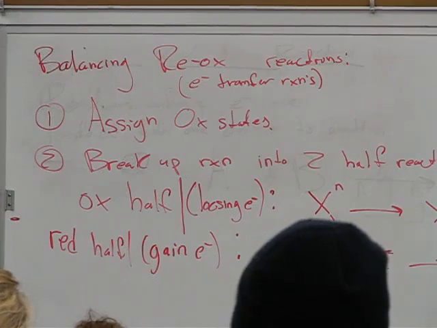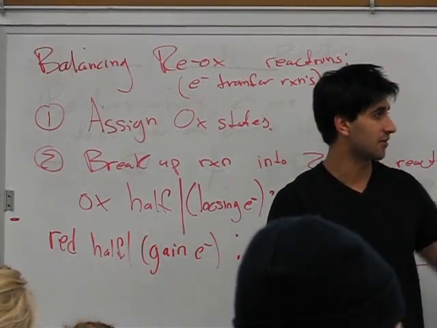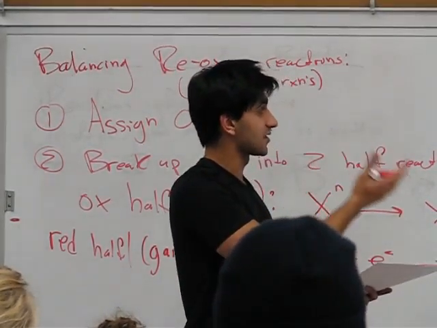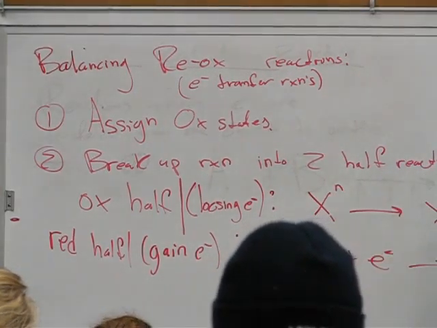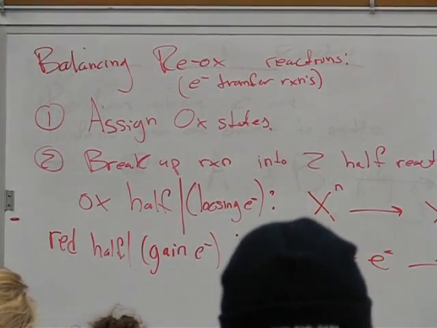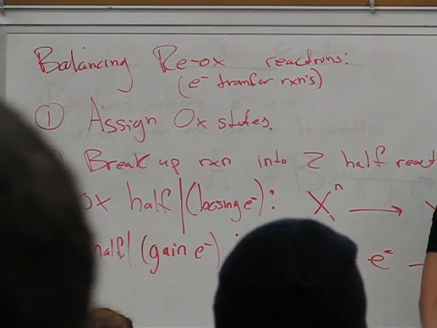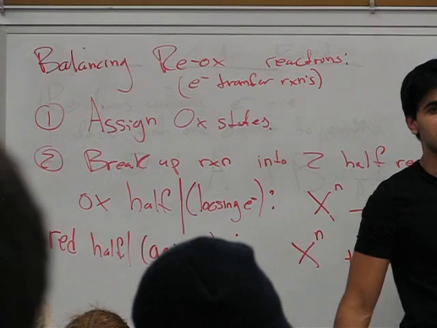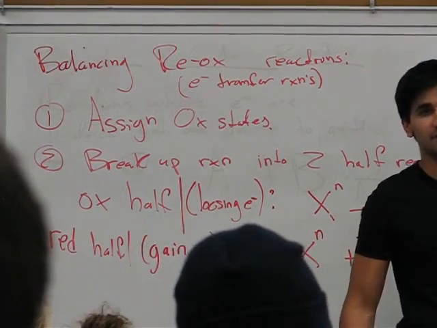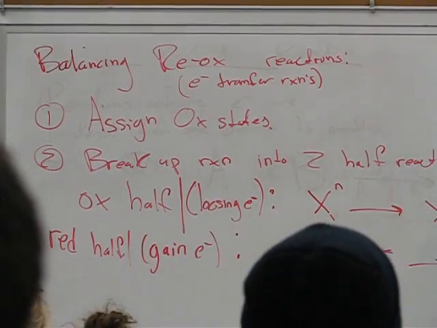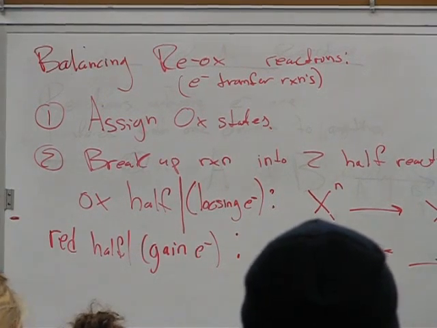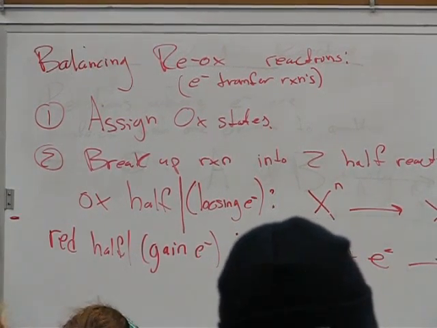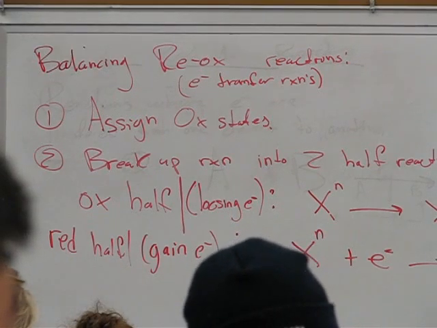So what's the first step? Assign oxidation states. So for the first part of the reaction, we have to assign oxidation states. Oxygen is always what? -2. Is this a neutral molecule or a molecule with a charge on it? It's neutral.